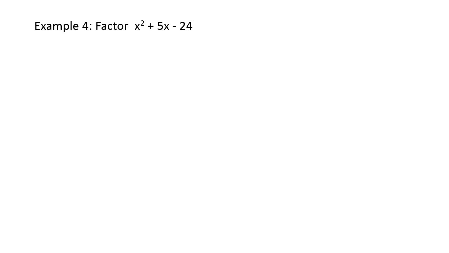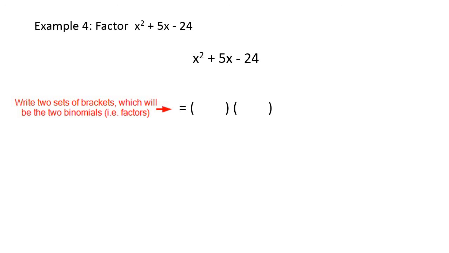Example 4. Factor x squared plus 5x minus 24. So step 1 is always checking, is there a GCF? There is not. So we need to recognize that the term in front of the x squared is just a 1. It's not shown. So we can directly write our two binomials here, leaving enough room for two terms in each.